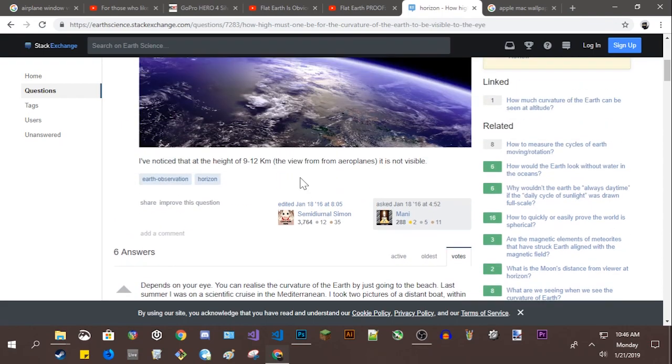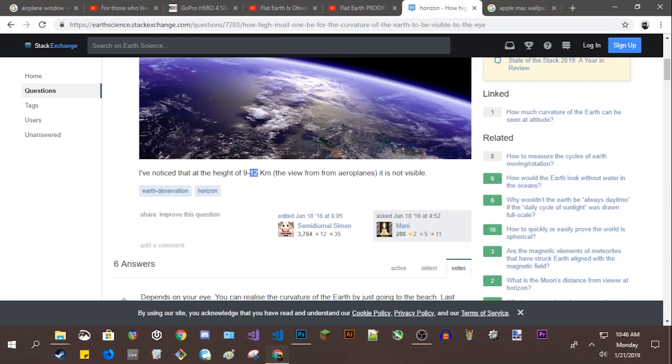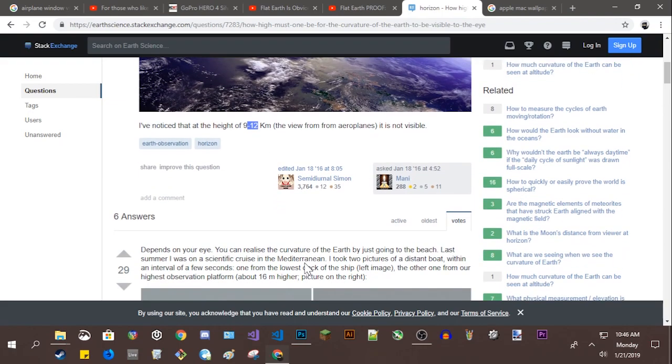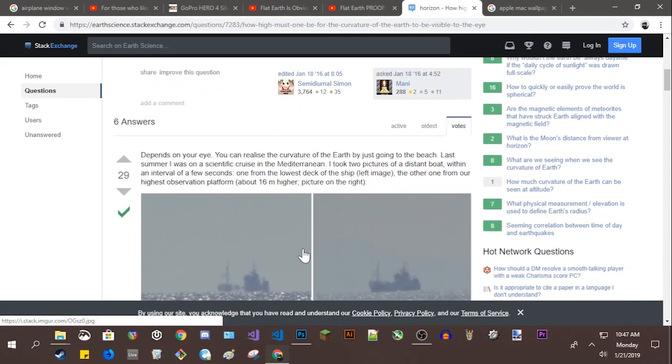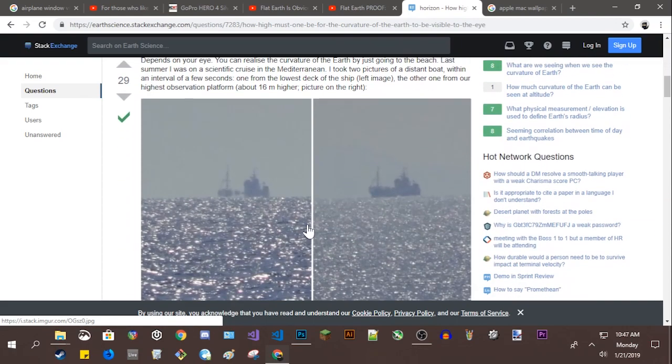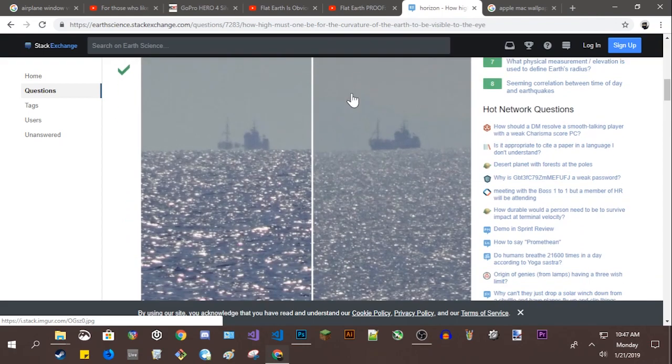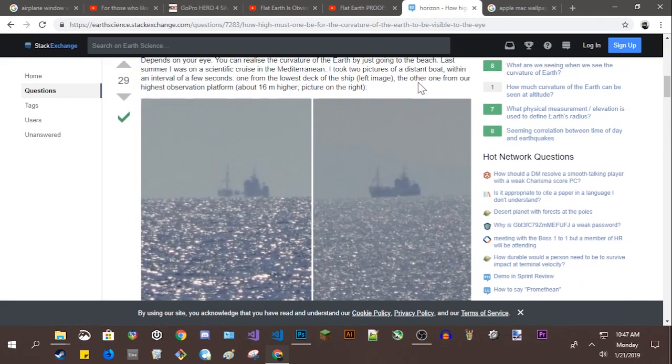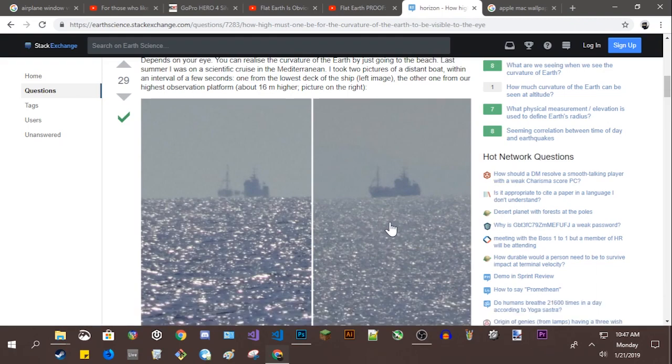So now, if you can't see it from 12 kilometers up, then I don't know how this guy is expecting to see it from 16 meters. Now, the example he's giving us of curvature here is actually quite laughable in how it doesn't actually prove or show anything about the curvature of the Earth.